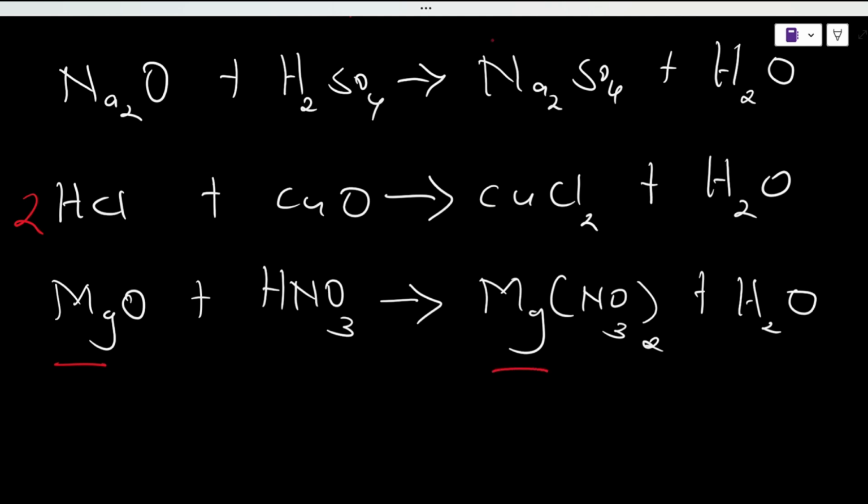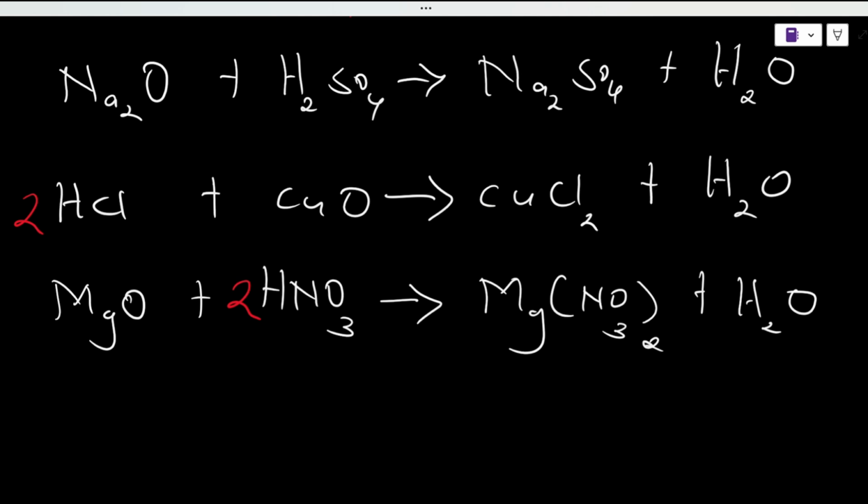Oxygen. Now let me go to nitrate. Nitrate is 1, nitrate this side 2. I'm generalizing them. Hydrogens are 2, hydrogen is 1. Oxygen is 1, oxygen is 1. Now, what I'm going to do to ensure that the equation is balanced is very simple. Simply add a 2 here, then the whole thing will be balanced.